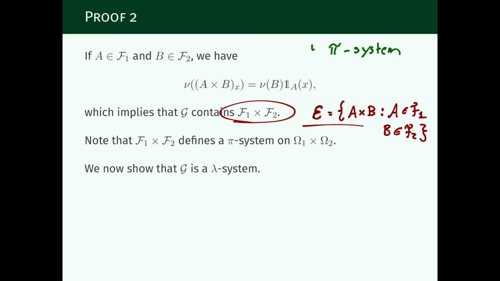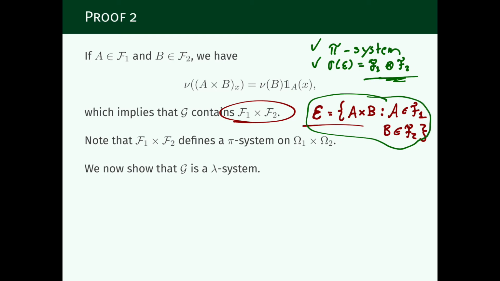That part we check. Sigma of E equals F1 product F2. Check. That's the definition of F1 product F2, the sigma algebra generated by sets like this.